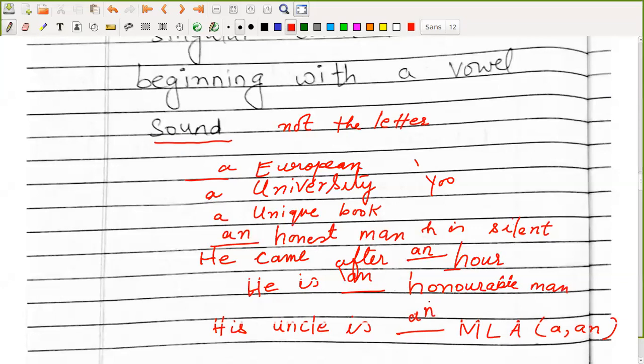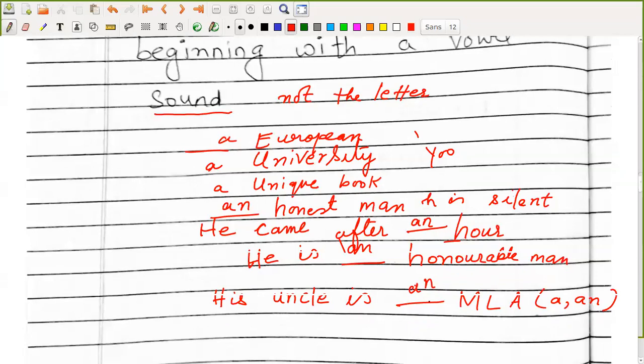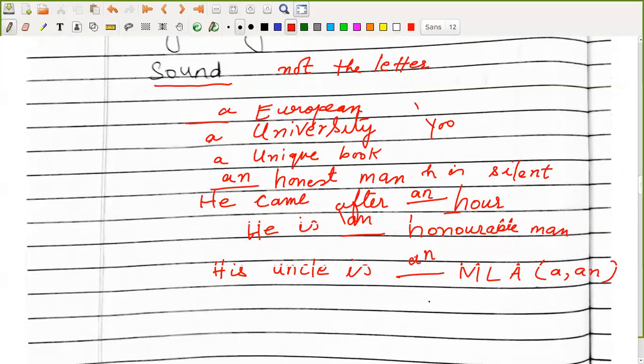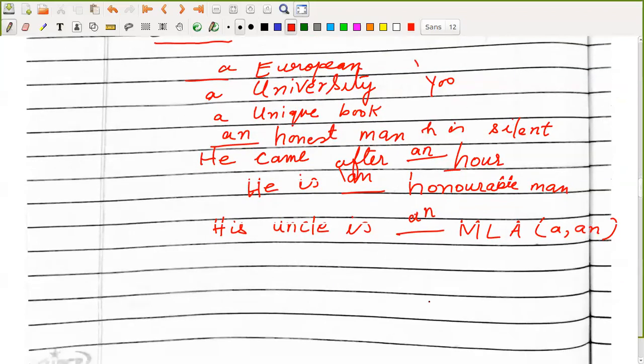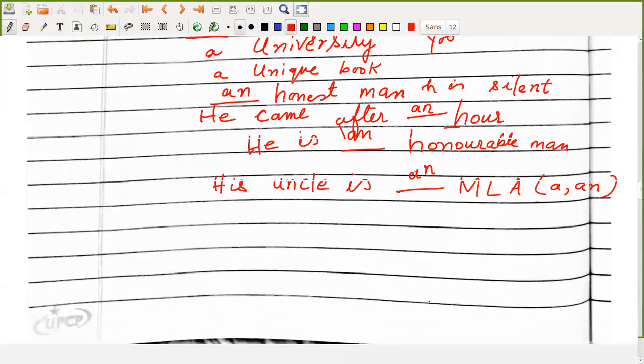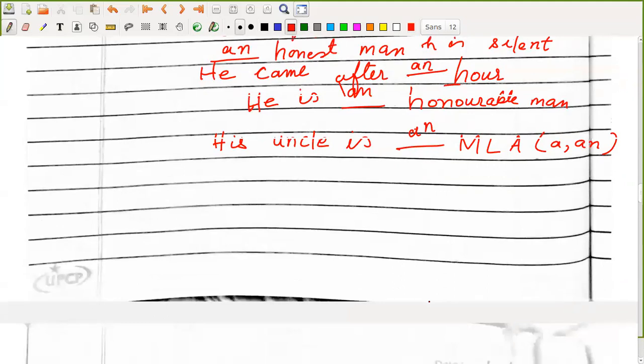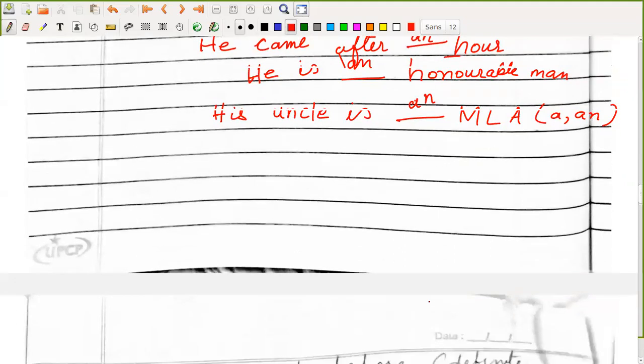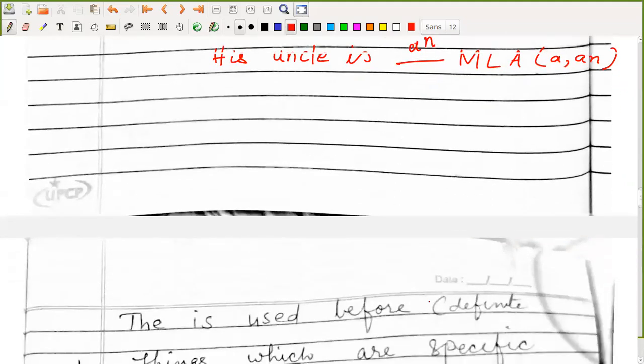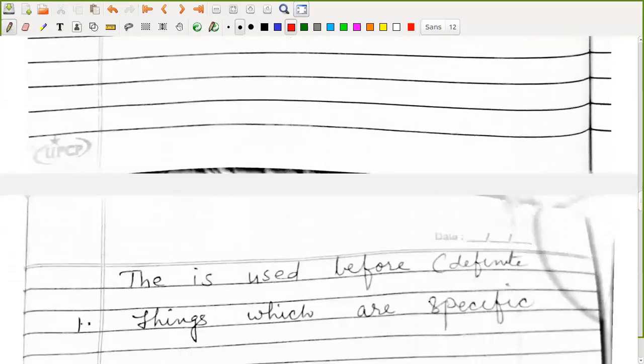M A वाला sound पहले आता ना. MLA. So the pronunciation is MLA. So when you are using a and an, you have to be sure that you don't see the word, you see the sound, the pronunciation.